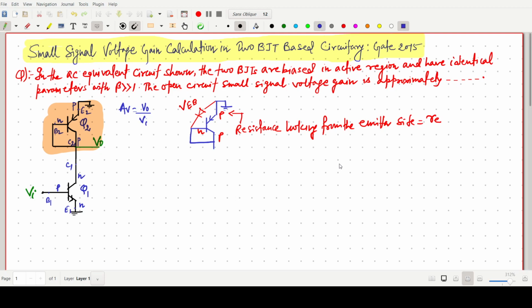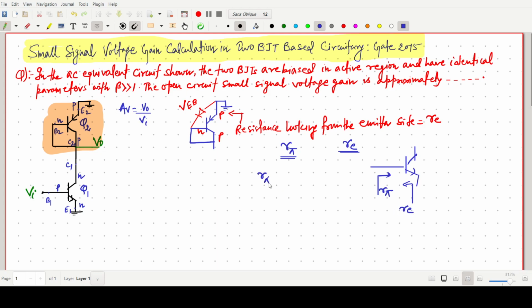There are two famous terms, R pi and the resistance RE. R pi is the resistance looking from the base side, and RE from the emitter side. For simplification, looking from this side is R pi, and looking from this side it is RE.